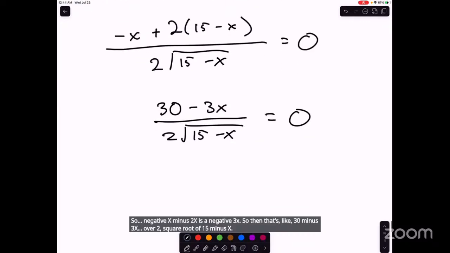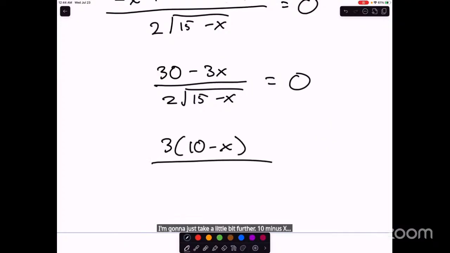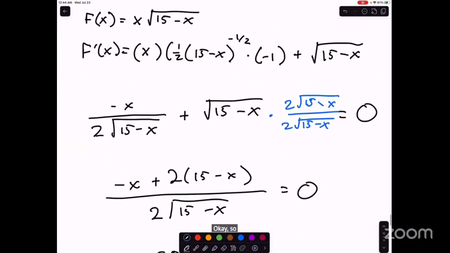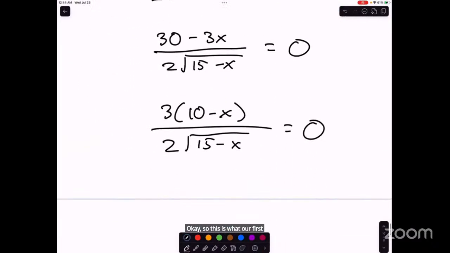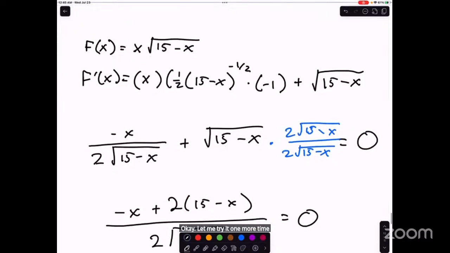I'm going to take it a little bit further: 10 minus x over the square root of 15 minus x. This is our first derivative after simplifying. Let me check one more time.